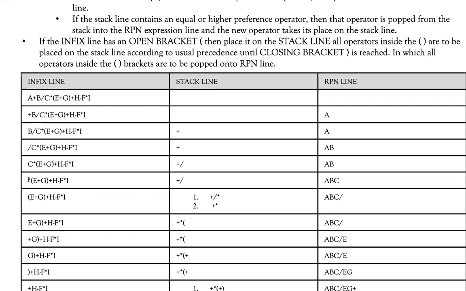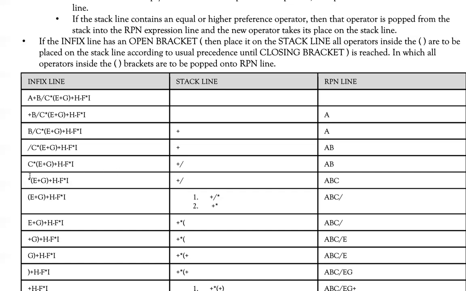The second rule states that if my stack has an equal or higher precedence operator on top of it, I will first pop that operator and push this new operator in its place. So I repeat, if my stack already has a higher or equal precedence operator, I will pop that operator and push this new operator in its place, right? So let's just say that my stack right here, as you can see, has division on top of it.